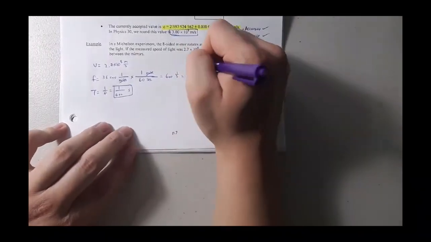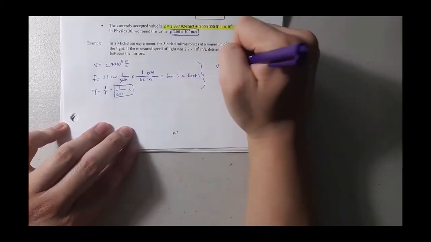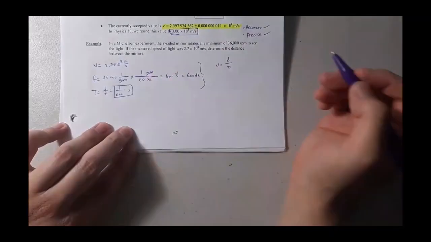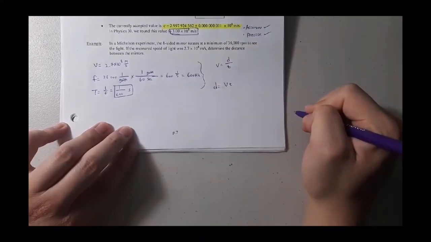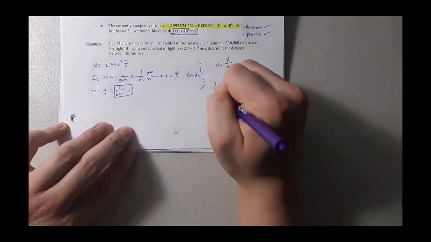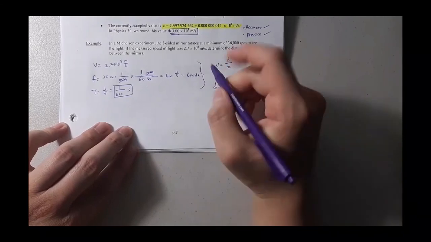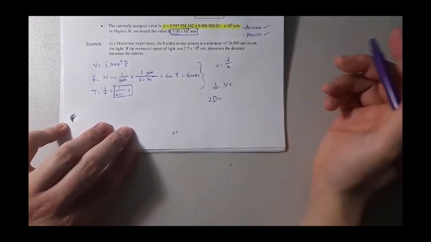Now, let's think about the formula. I'm going to start from basic. V is equal to D over T. We're talking about the distance between the mirrors, so isolate for that. D is equal to VT. Now remember, this D is my total distance over here, so I'm going to make it into 2D, and this big D is how much that is apart.